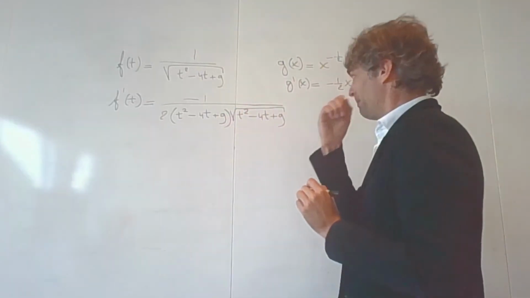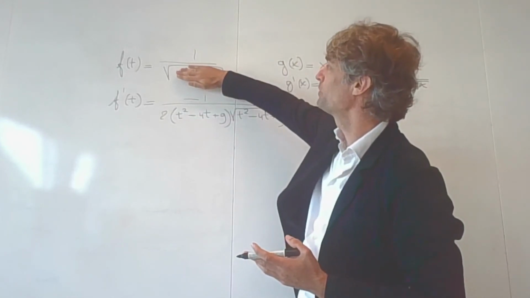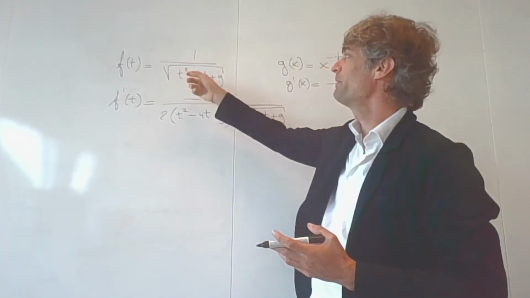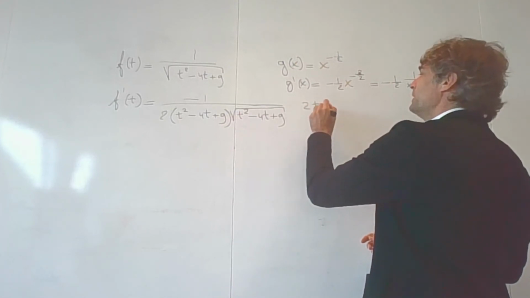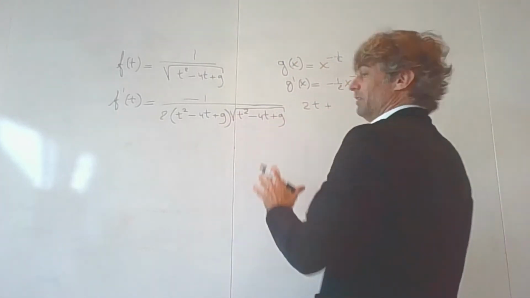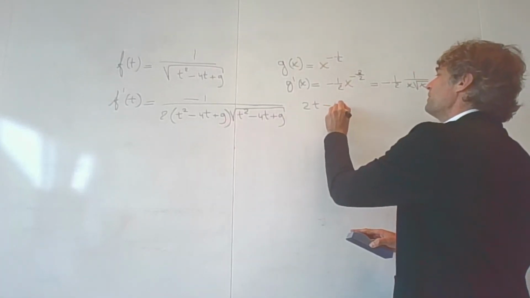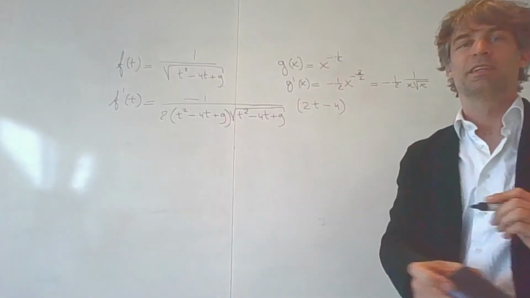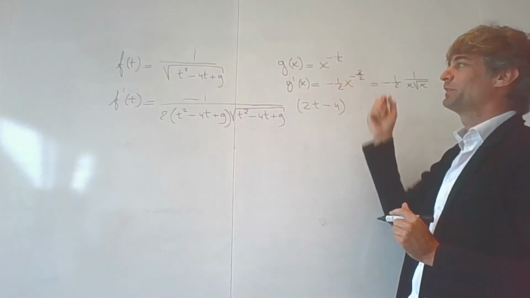And then the main thing of the chain rule is, of course, to then, as our hand was on top of this, we have to put the derivative of this there. So that's 2t minus 4. And don't forget it's there. Now that I've seen how big this is, maybe it would have been better to keep on using this notation.